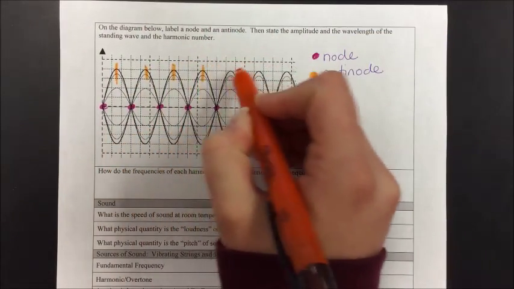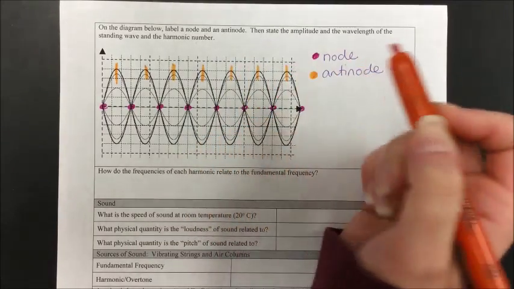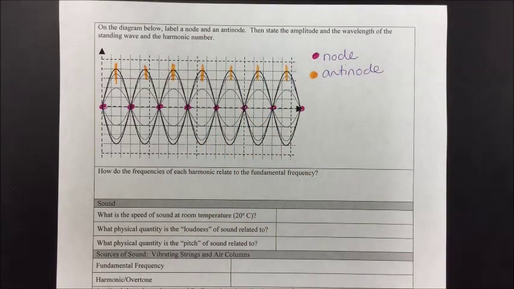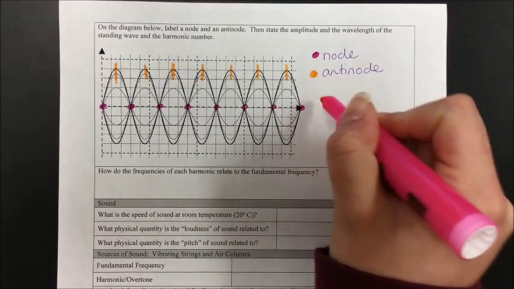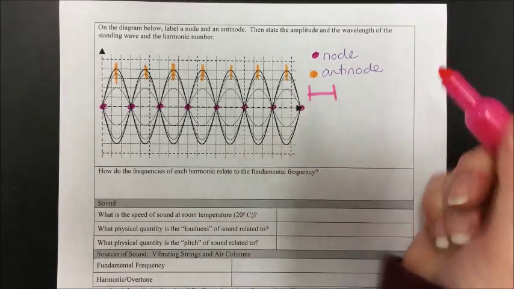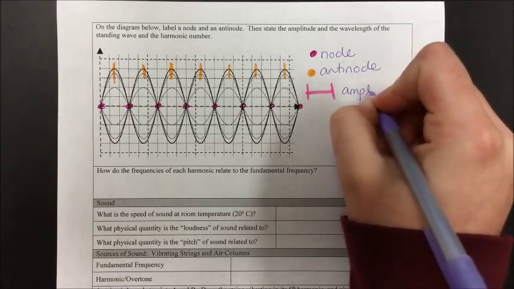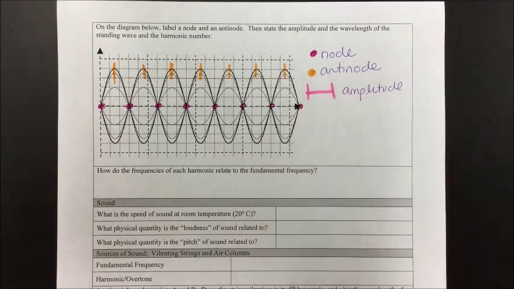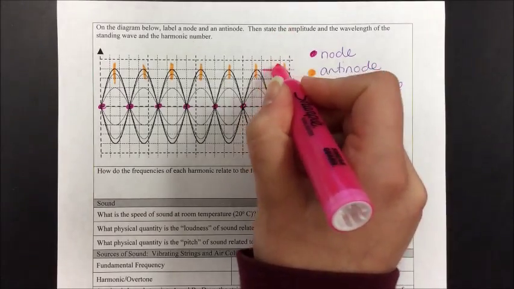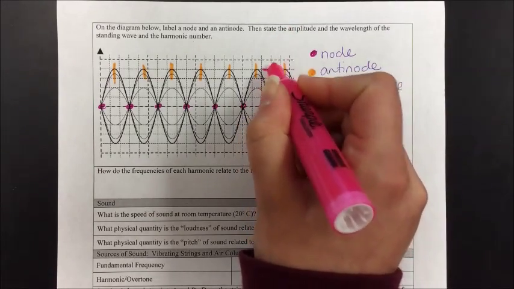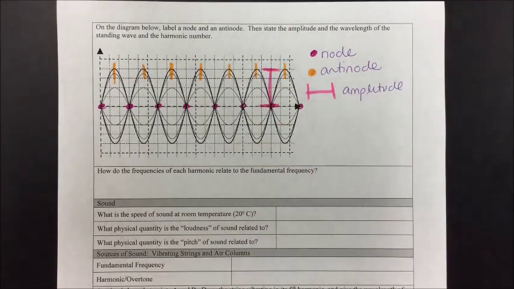This is where the constructive interference happens, because that's going to have the largest amplitudes. Now, for this one, we're just going to do the amplitude of the largest one. So that's going to be this distance here, from the center up to the top.